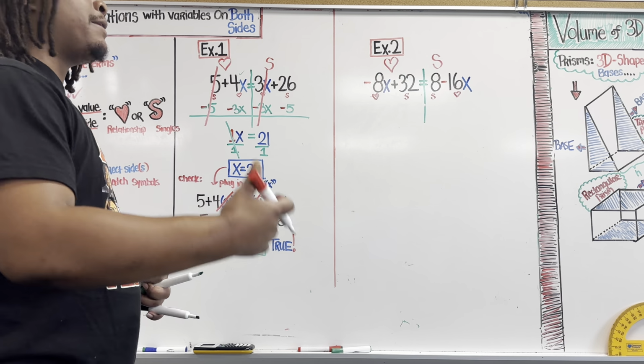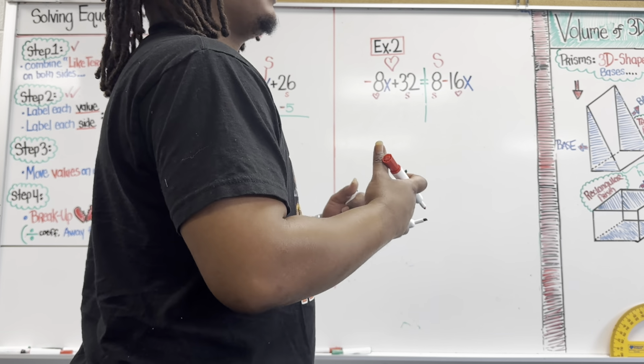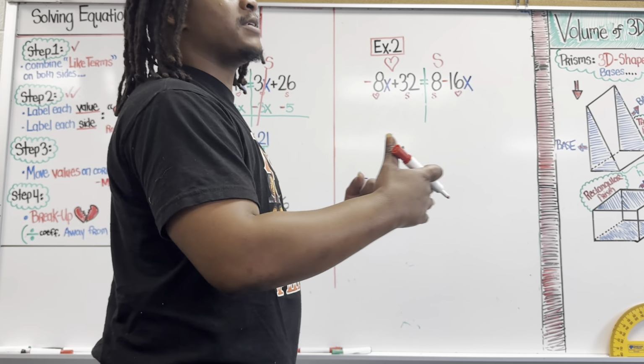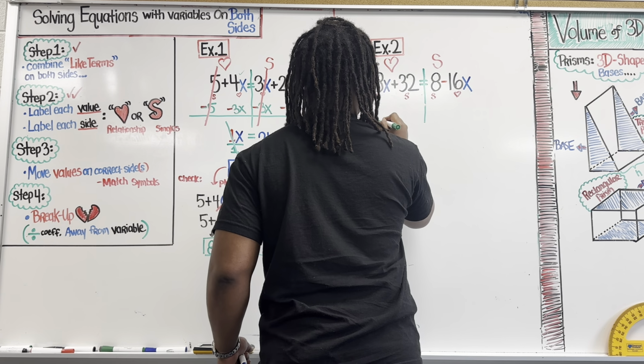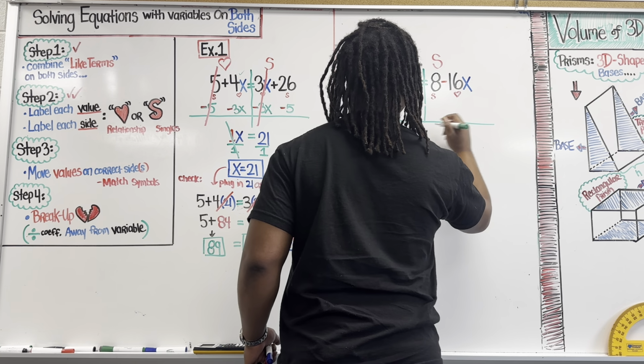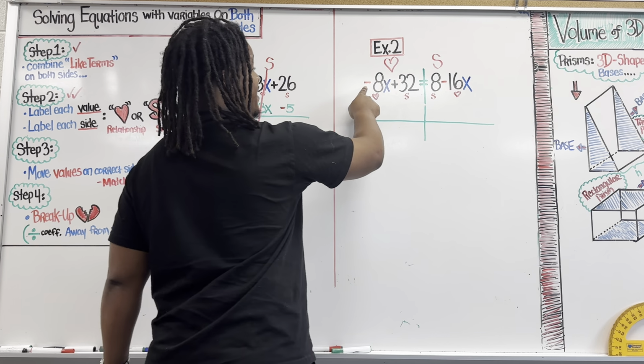If the symbol does not match, that value has to move to the opposite side, or the values that are in operation with one another have to move to the opposite side, okay? So I'm gonna draw a line because we're doing a lot of moving around. Let's start off with -8 and x.